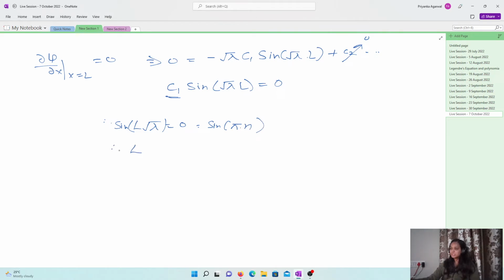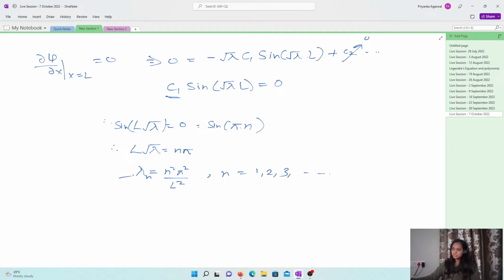Therefore L root lambda equals n pi. Lambda can be written as n square pi square over L square, where n equals 1, 2, 3 and so on.